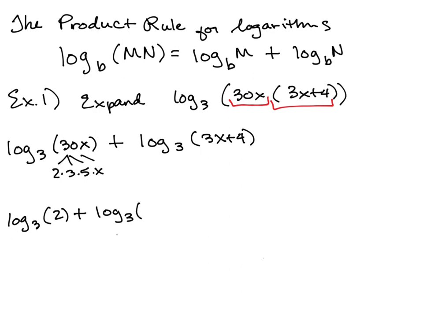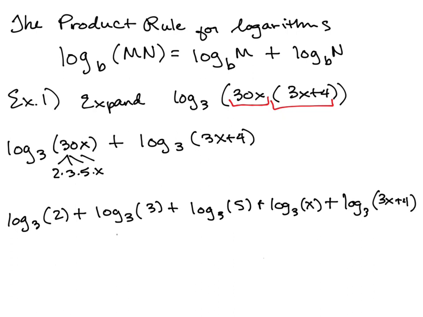So log base 3 of 2 plus log base 3 of 3 plus log base 3 of 5 plus log base 3 of x, and then finally plus log base 3 of this other guy over here, 3x plus 4. And that seems like a whole lot, and it is.